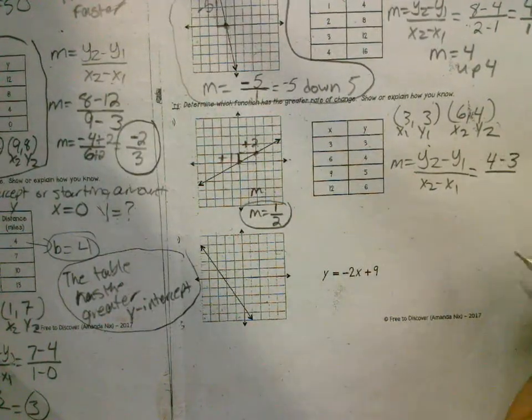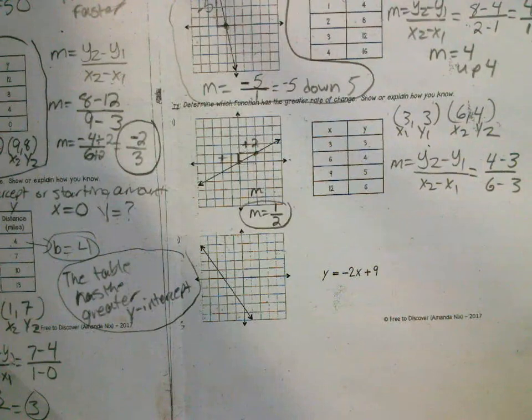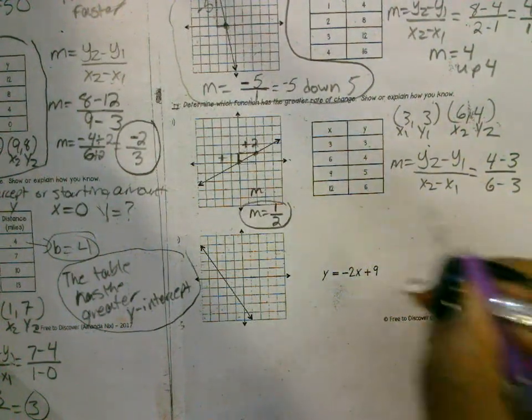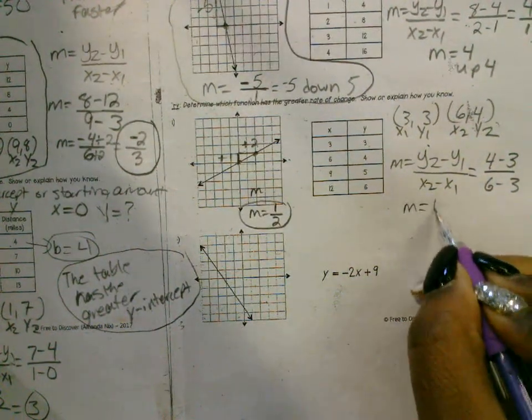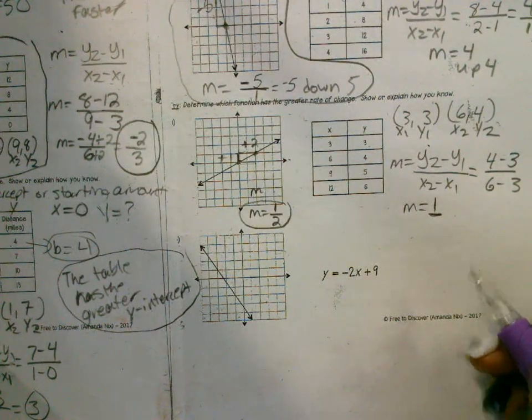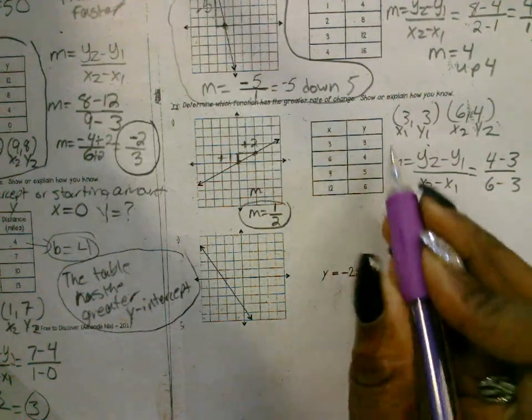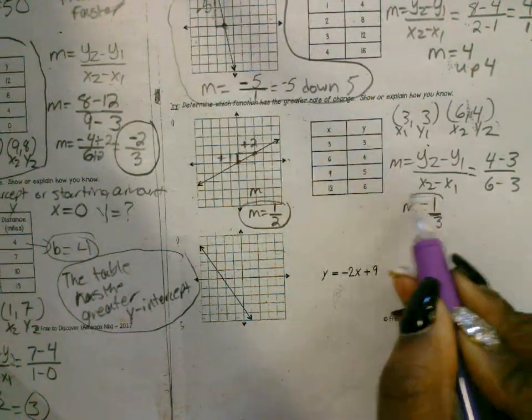What are we gonna put on the bottom? 6 minus 3. Good job. What do you get on the top? You get 1. What do we get on the bottom? 3. So we got 1/3 as the rate of change for the table.